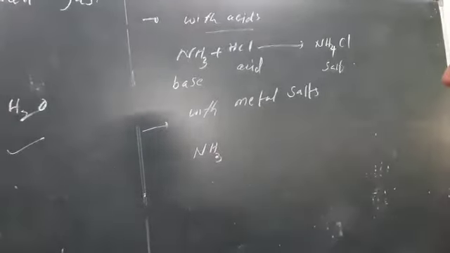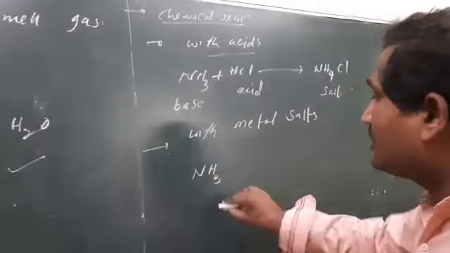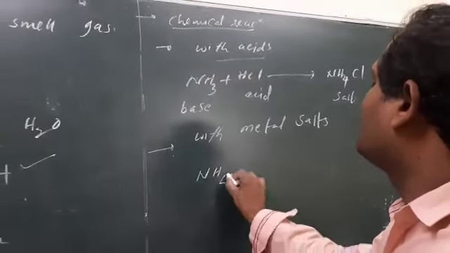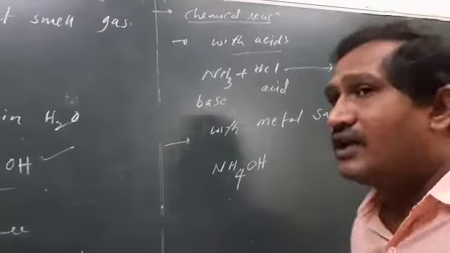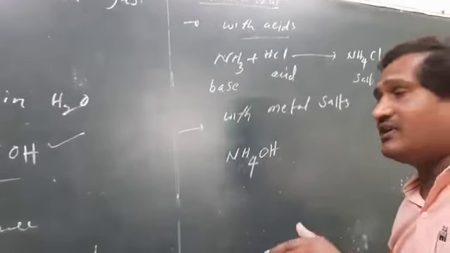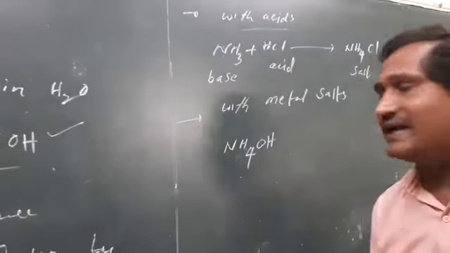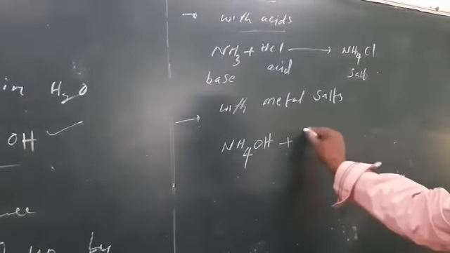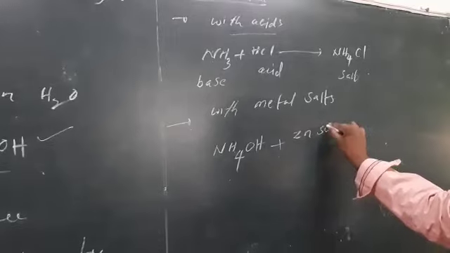Here we are taking ammonia solution. Ammonia solution means ammonia in water, which forms ammonium hydroxide. This can be treated with metal salts, for example zinc sulfate.